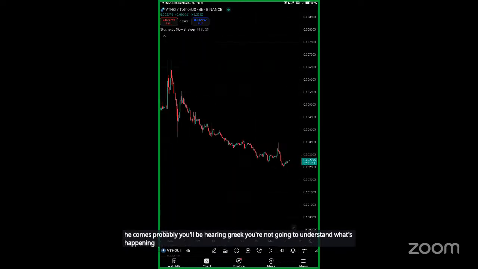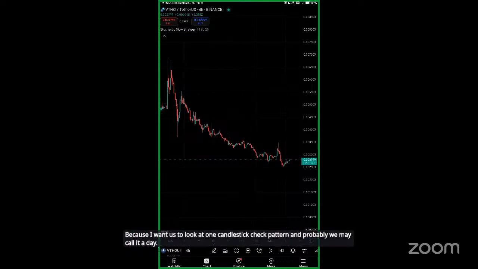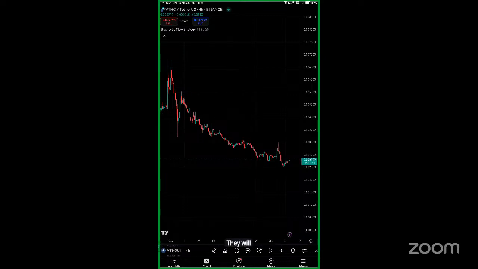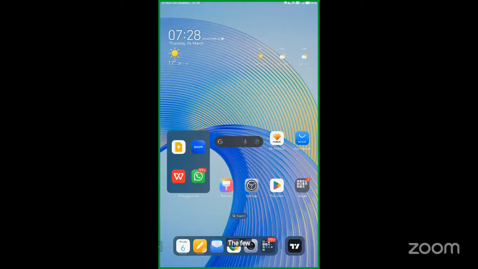So please confirm if we are together on the candlestick chart pattern, because I want us to look at one candlestick chart pattern, and probably we may call it a day. Then we'll meet again tomorrow. Yes, I want to introduce one candlestick chart pattern in the few minutes that I'm left with.